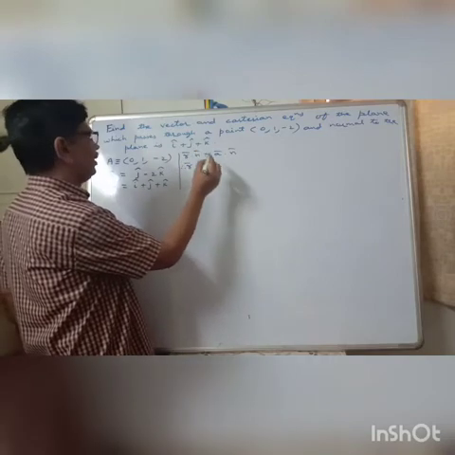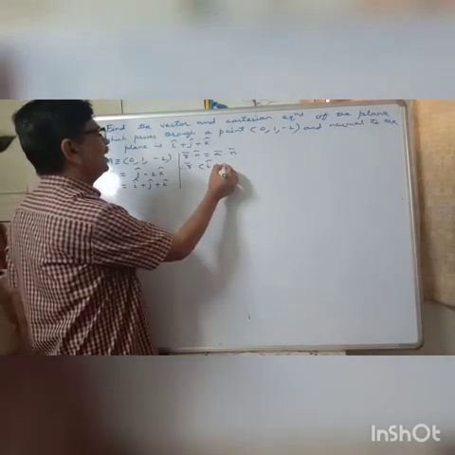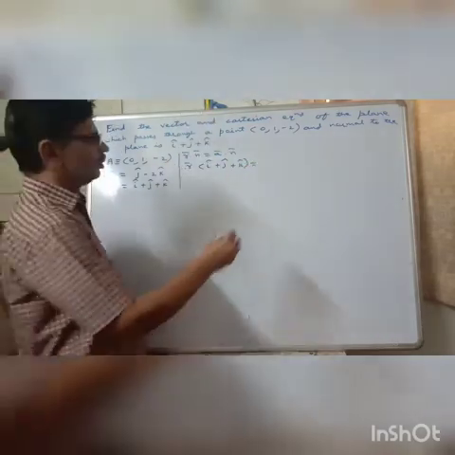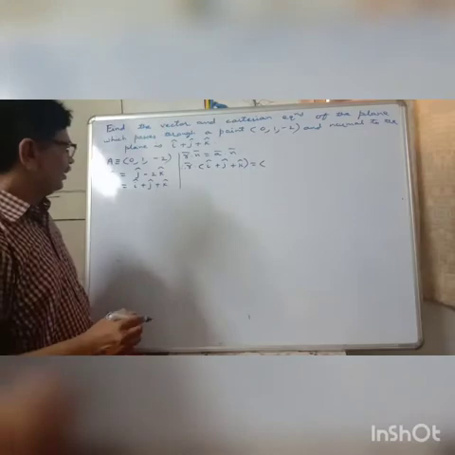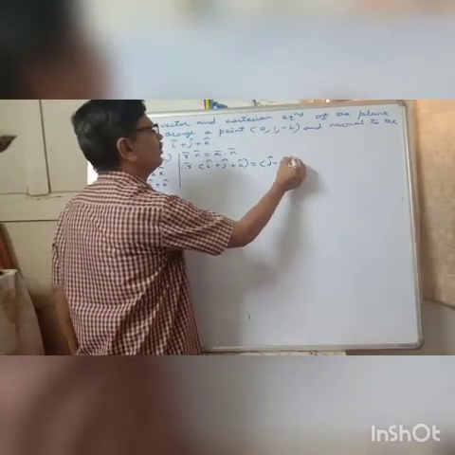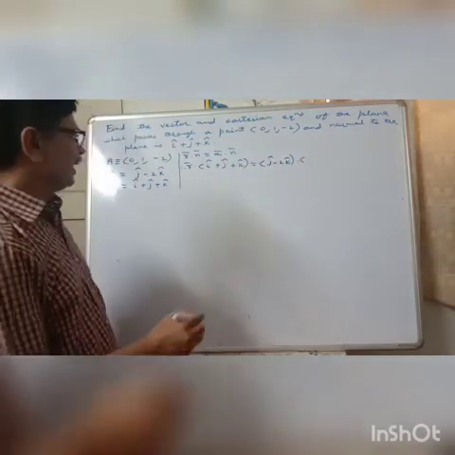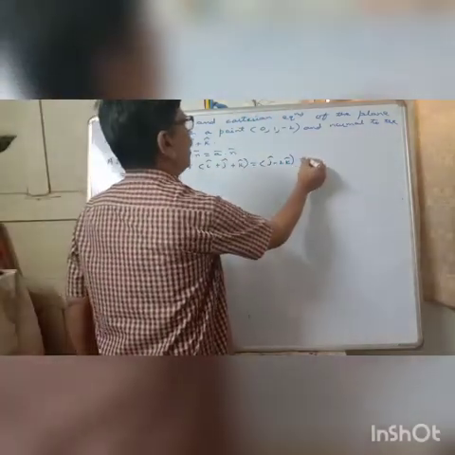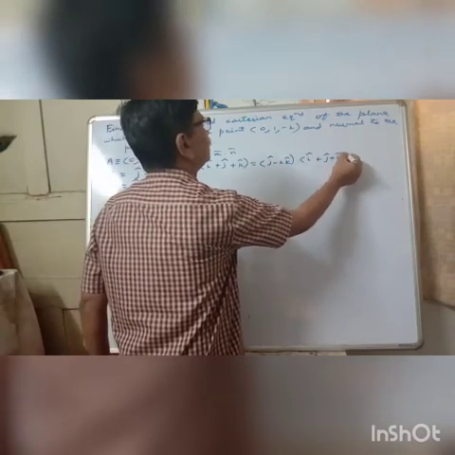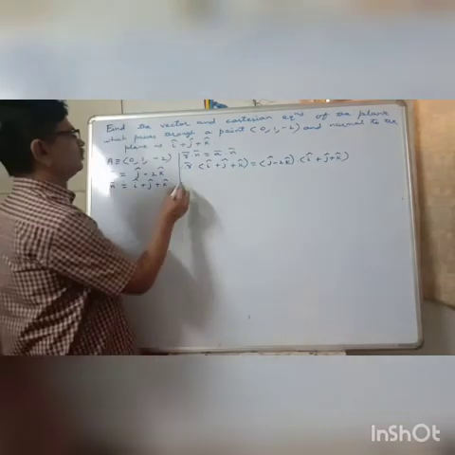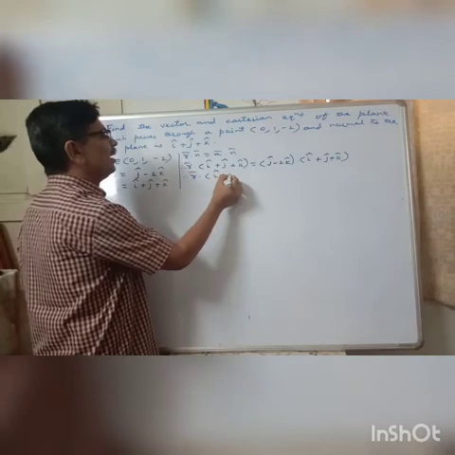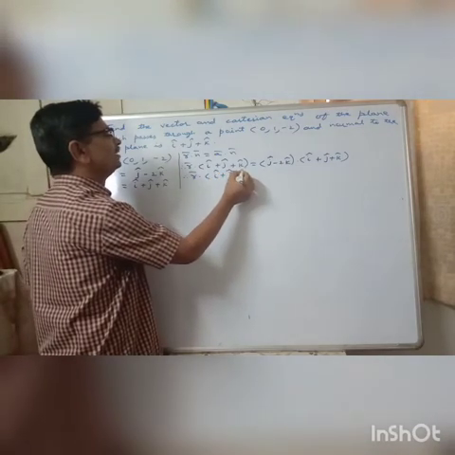R bar dot in bracket i plus j plus k equal to, on right hand side in one bracket, j minus 2k dot in another bracket i plus j plus k. LHS as it is, r bar dot in bracket i plus j plus k equal.